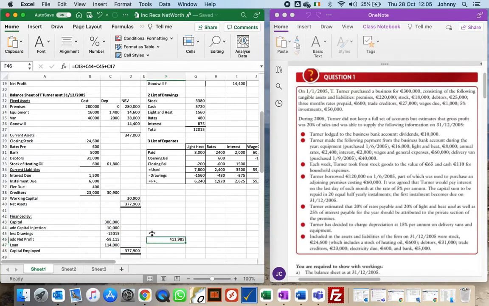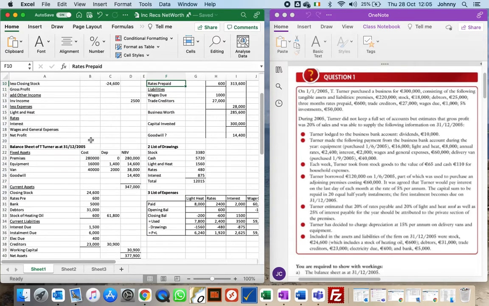Oh, maybe it is right. Okay, so that means in this case I made a net loss. I was surprised to see a net loss there. So that net loss then goes up here. I'll put that up there.